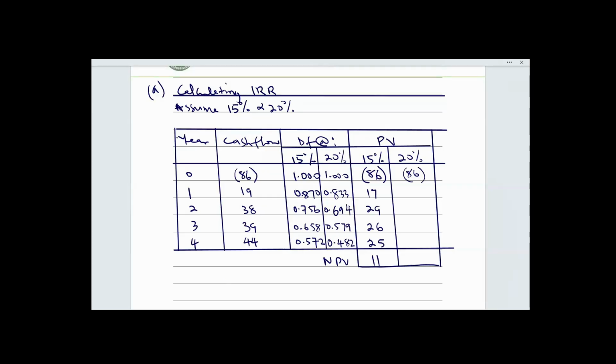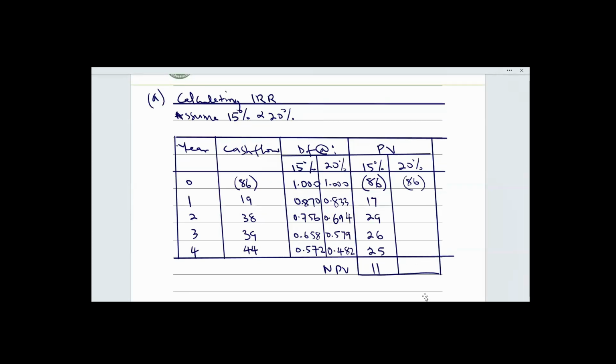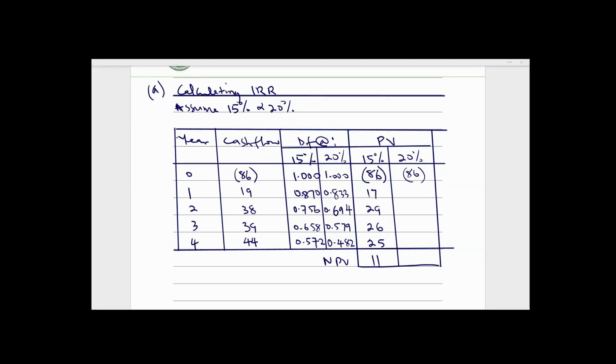So we then multiply. So 19 multiplied by 0.482, so that's 21. Next one, 39 multiplied by 0.579, that's 23.